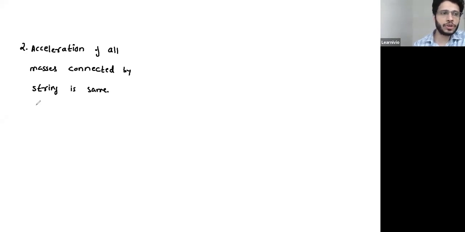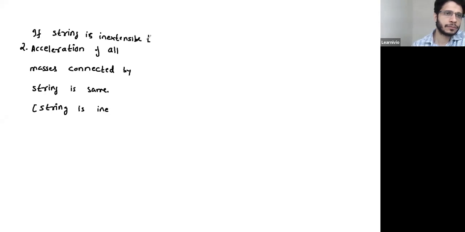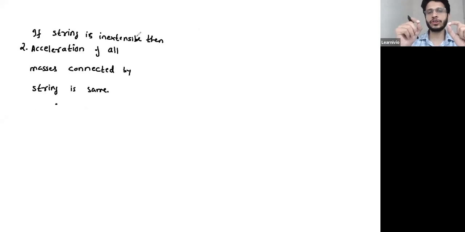But for this property, your string should be inextensible. Or I should write this as, if the string is inextensible, then acceleration of all masses connected by the string is the same. Inextensible means the total length of the string is constant. It cannot stretch. If a string cannot stretch, then acceleration of all masses connected by the string would be the same.